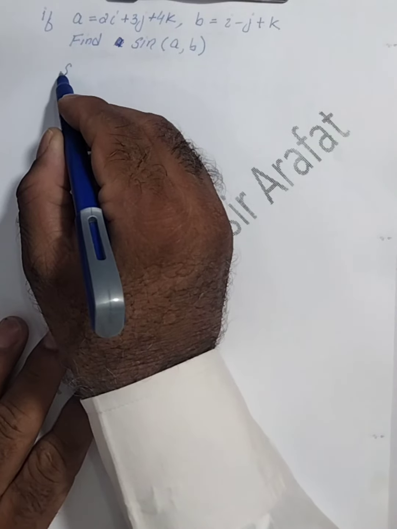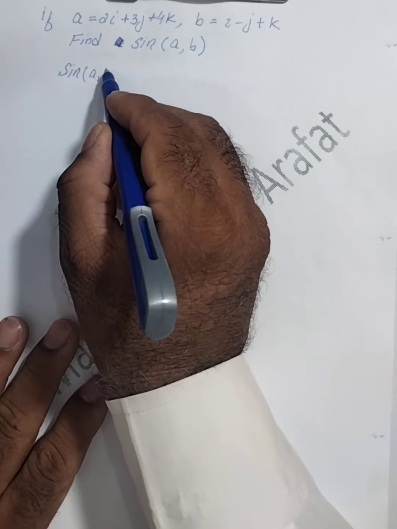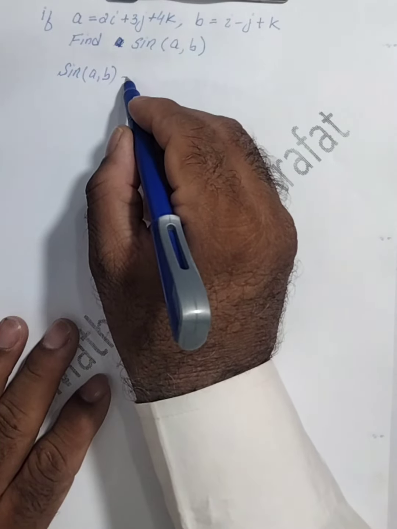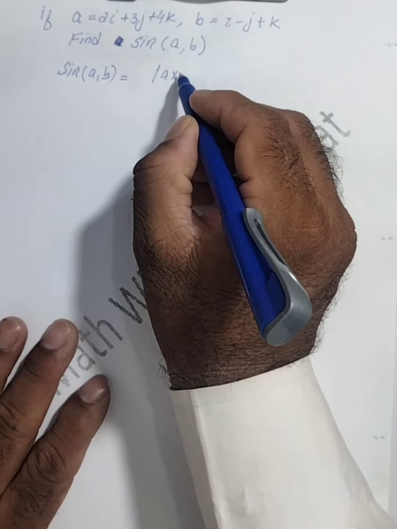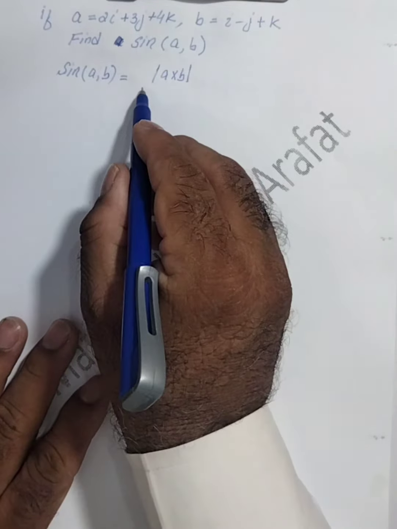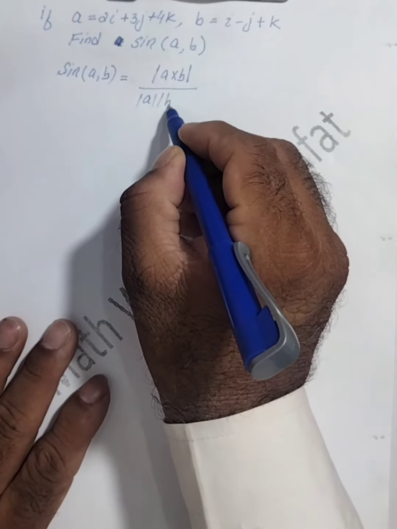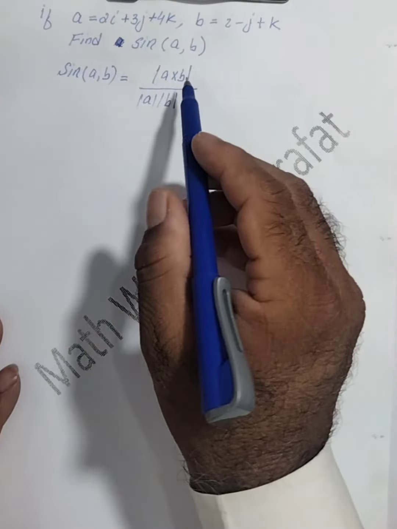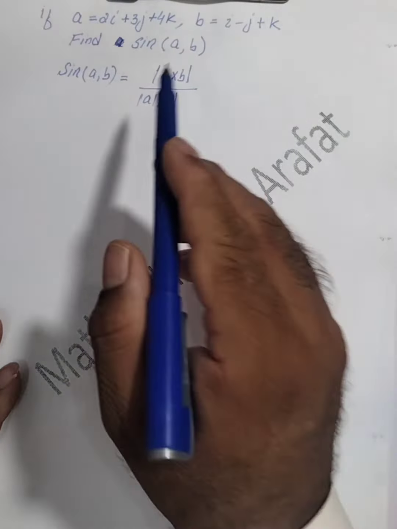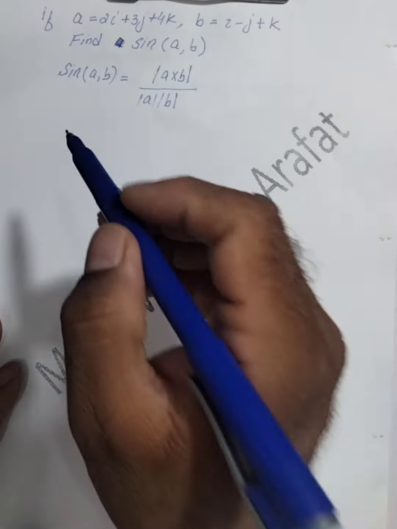So here for sine, first we are going to write down the formula here, that is the modulus of A cross B divided by the modulus of A and the modulus of B. So that means first we have to find out the cross product, and then we have to find out its modulus here.